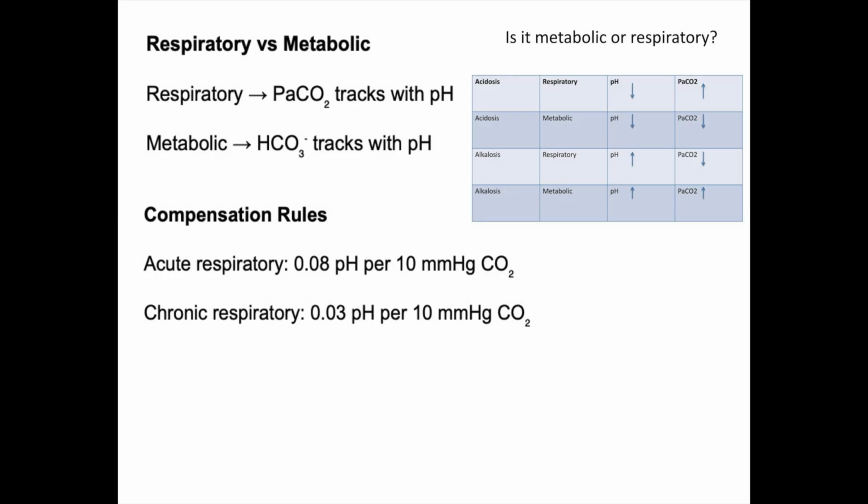So now, compensation. In acute respiratory disorder, pH changes about 0.08 per 10 millimeters of mercury carbon dioxide change. With chronic respiratory disorders, kidneys compensate, so pH changes only about 0.03 per 10 millimeters mercury carbon dioxide.